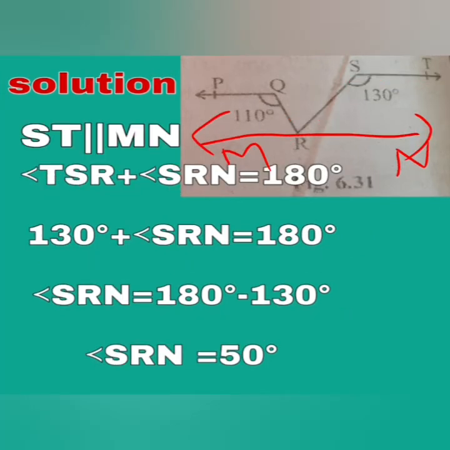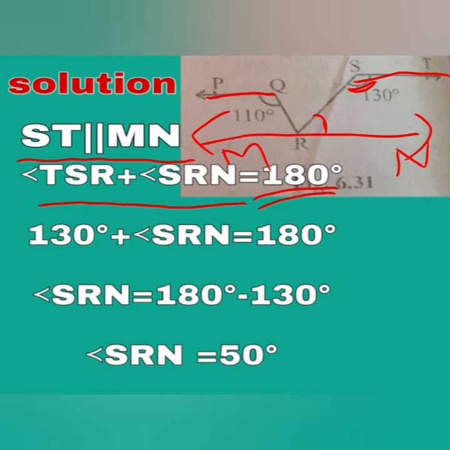For ST and MN, the co-interior angles are angle S and angle R. When we add these two angles, the sum should be 180 degrees, because the sum of co-interior angles is always 180 degrees. So angle TSR plus angle SRN is equal to 180 degrees.